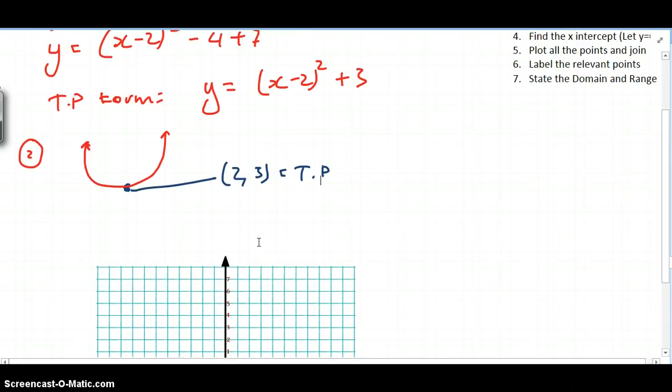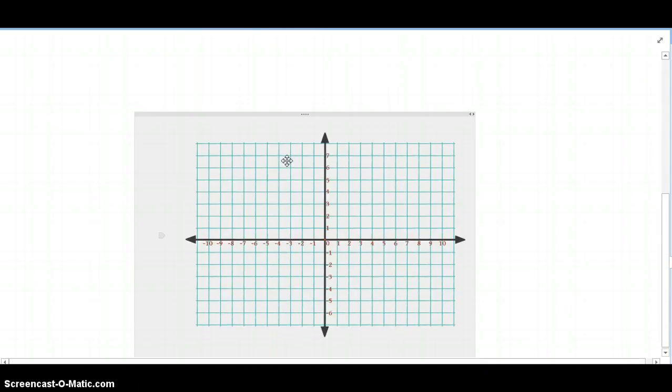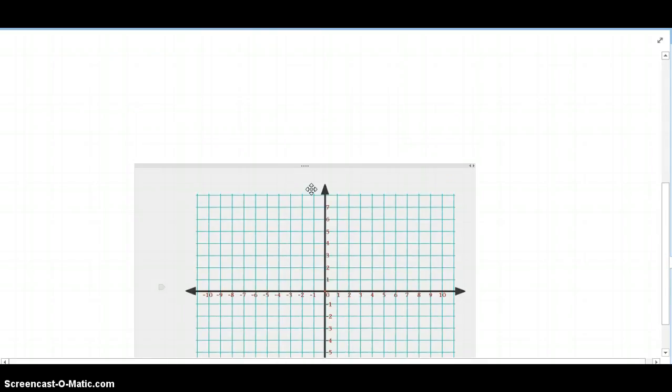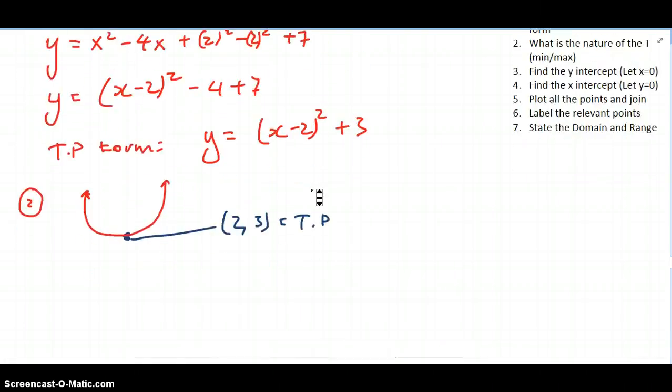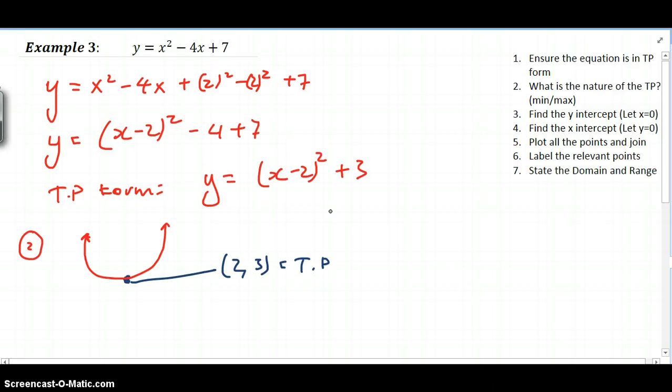From here, what we need to do is find the y-intercept. So to find the y-intercept, step 3, we let x equal 0.